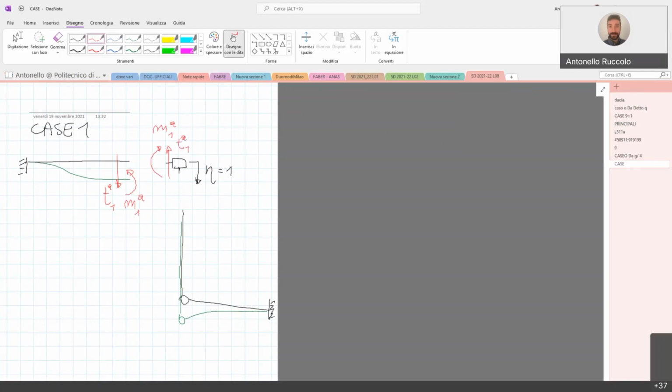Now the beam B actually does not transfer anything, but the beam C does, because this beam is something like a clamped-in section and a hinged section with a unitary displacement at the hinged one.